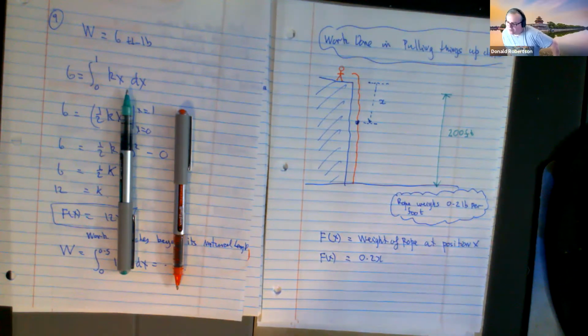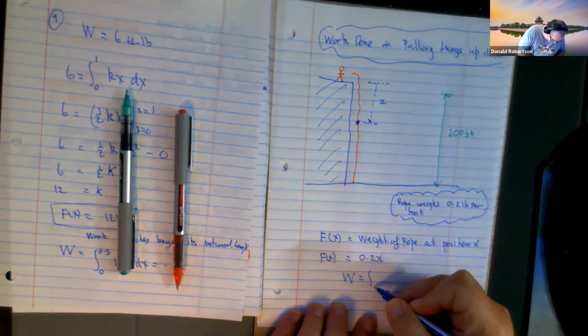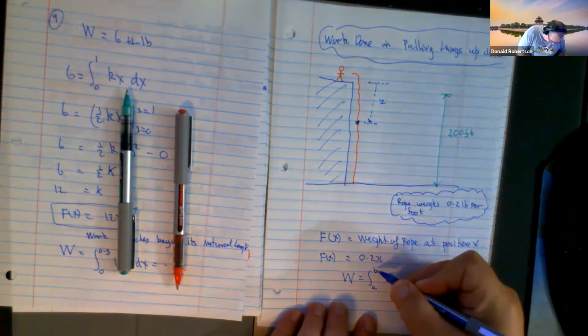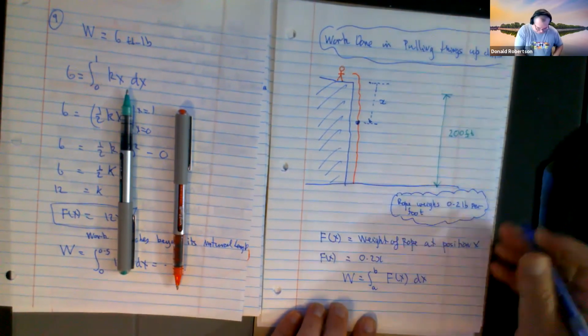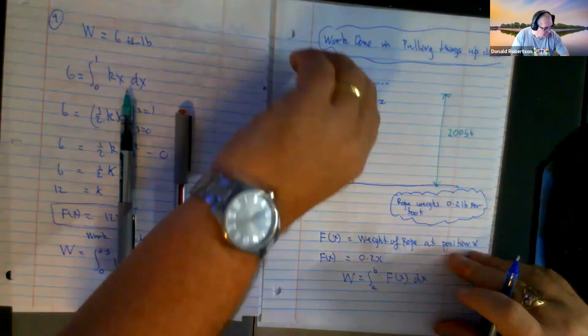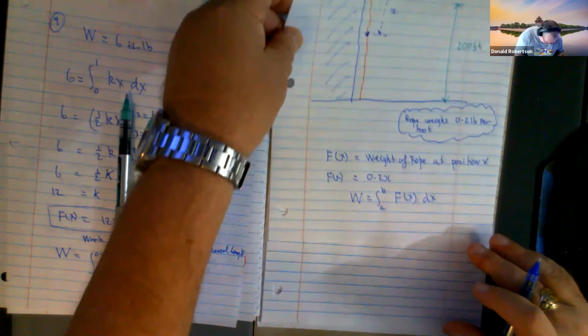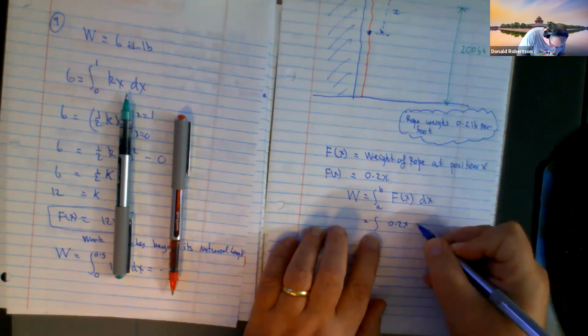Now, don't we have a formula for calculating the work done? And isn't the work done the integral from the start to the finish, from where the thing started to where the thing finishes, of the force function? Still with me? Now, we have just figured out the force function.